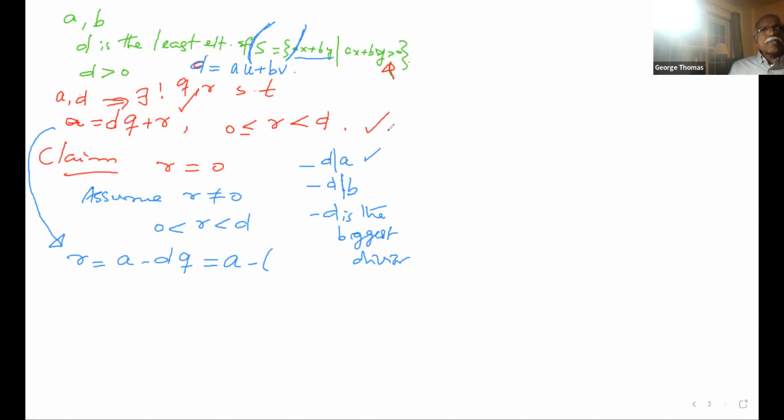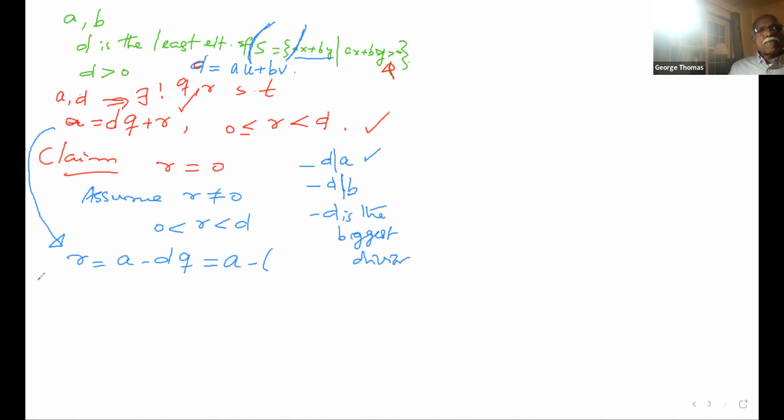Follow? That's what I'm trying to do. But sir, if R is not 0, then how is our work done? Wait a minute, I am going to show that if I assume r not equal to 0, I am going to get a contradiction. So r has to be 0. I'm trying to prove that r equals 0.